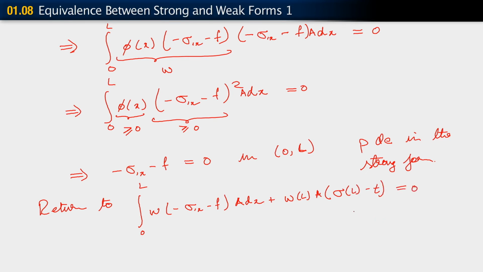Okay? For all W belonging to V. Now, what we've demonstrated just above in the slide by choosing a particular W is that this term actually vanishes, right? The PDE of our strong form must hold. That leaves us only with this last term to worry about. Okay?